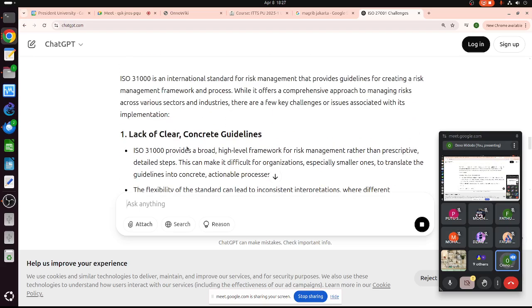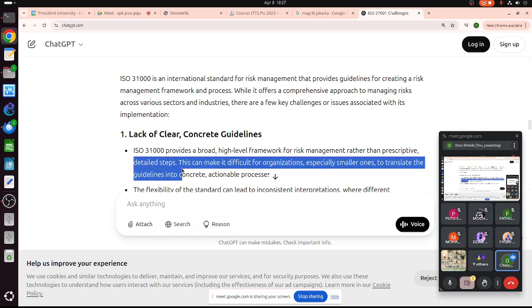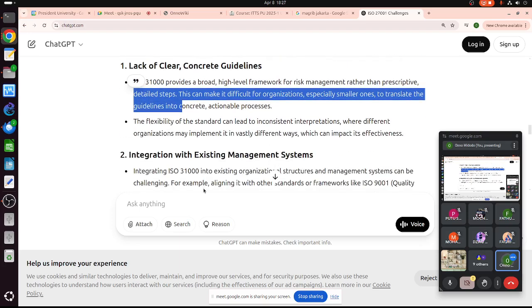ISO 31000 is basically to manage risk. Okay, we have to analyze the risk of the organization and how to manage risk. Okay, the problem is it requires detailed steps. That's a lot of work actually.